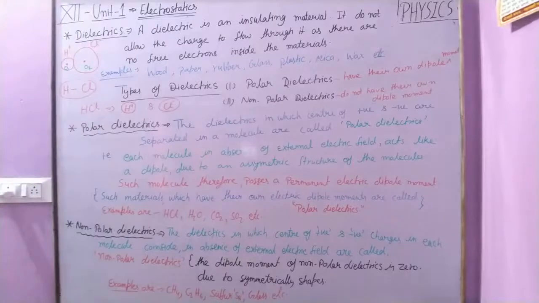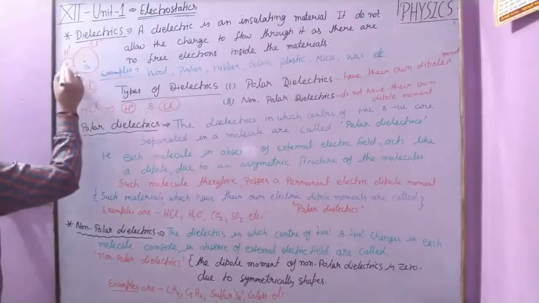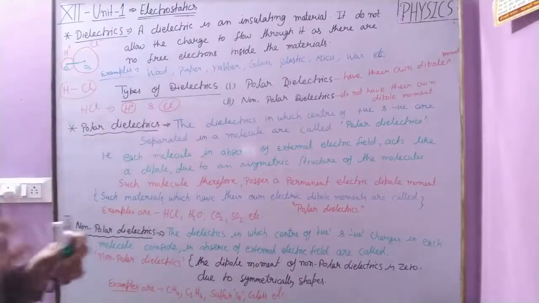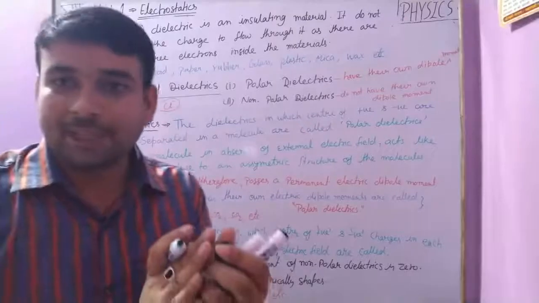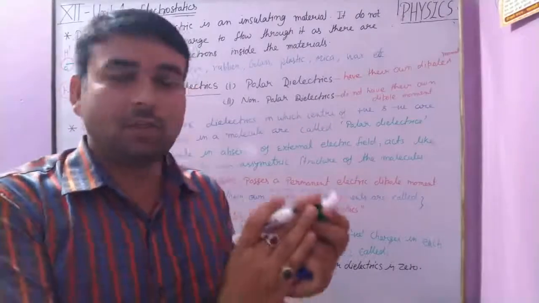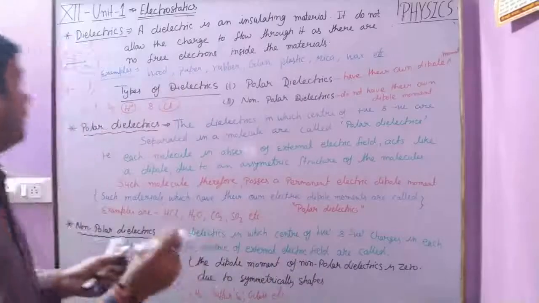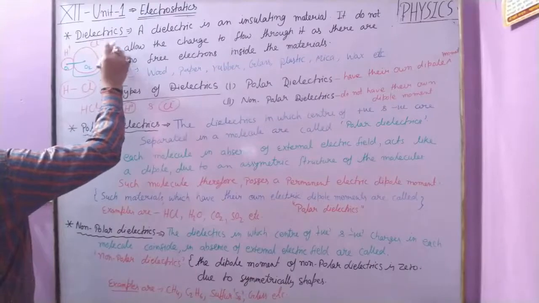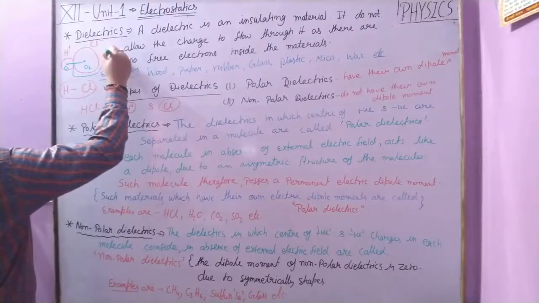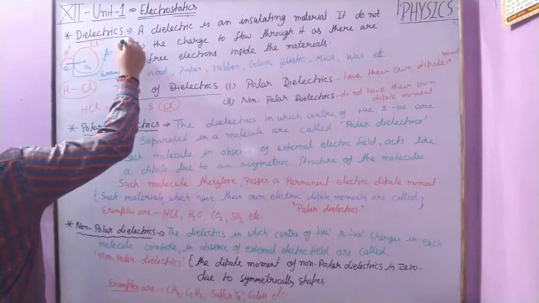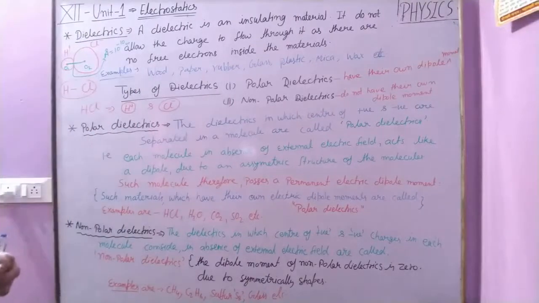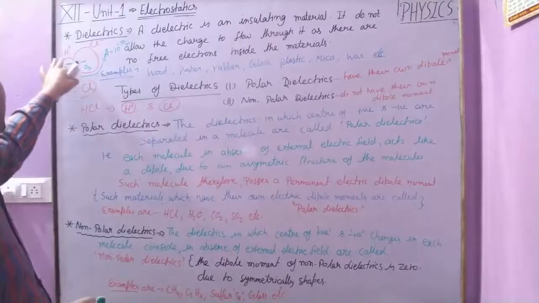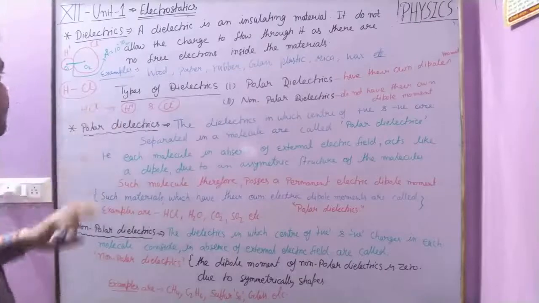Then we find that the center of each ion is separated by a small distance, which means the centers of the H plus ion and the Cl minus ion are separated by a small distance, about an angstrom, in the order of 10 to the power minus 10 meter. This is the separation between the centers of the electric dipole of the HCl molecule.